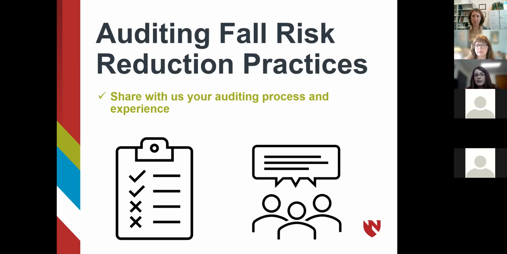So we provided some education on how to create an auditing program and process, and asked you to use that to conduct an audit of something fall risk reduction related of your choice, to help get you started on moving forward with that auditing program.